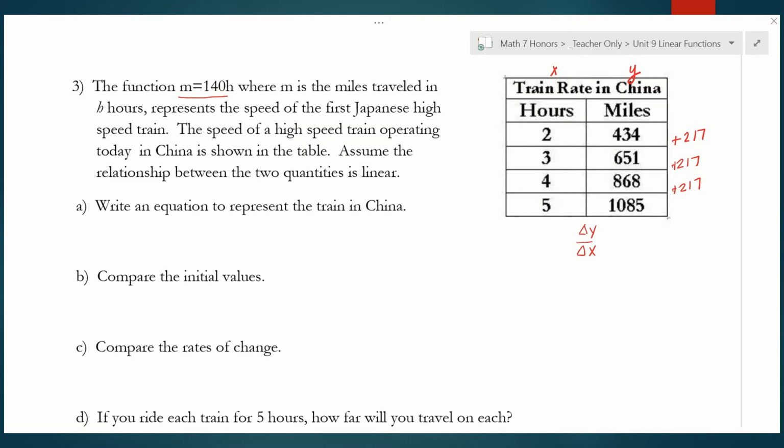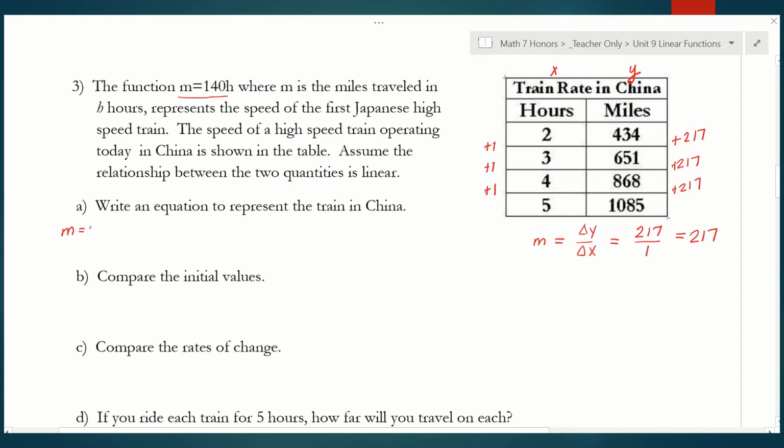Then I did 868 minus 651 and I got 217, and so on. So that's how I was figuring out the change. And then on the other side, this one's easy, it's going up by 1 every time. So my slope is 217 over 1, which is just 217.